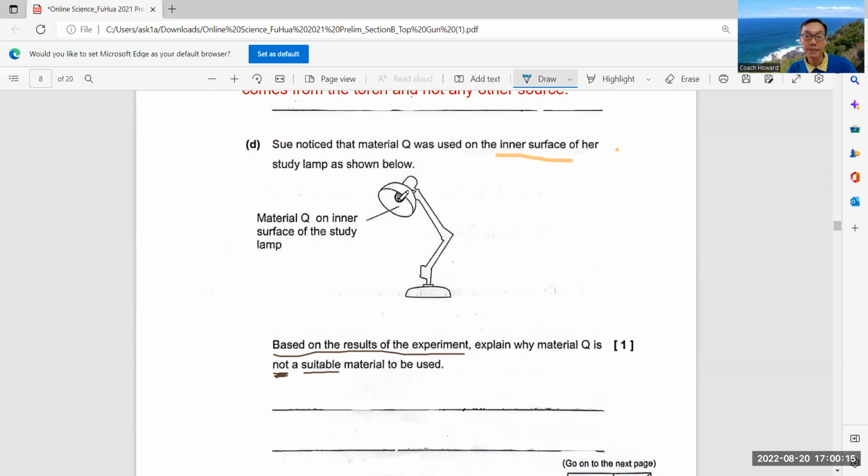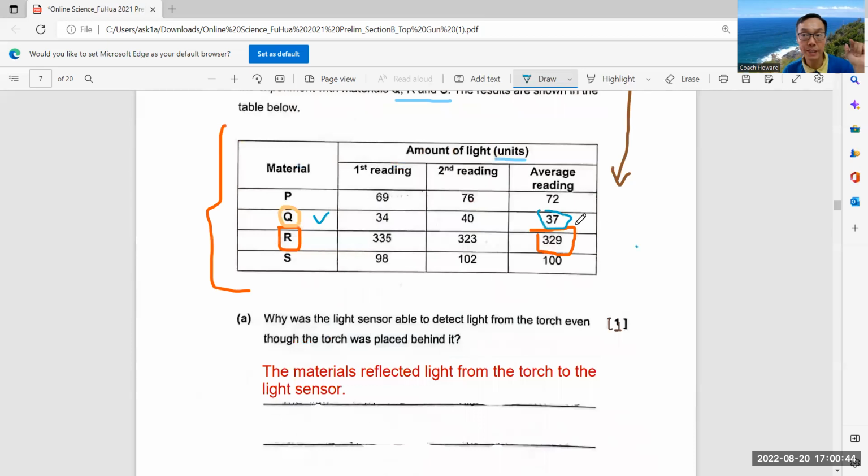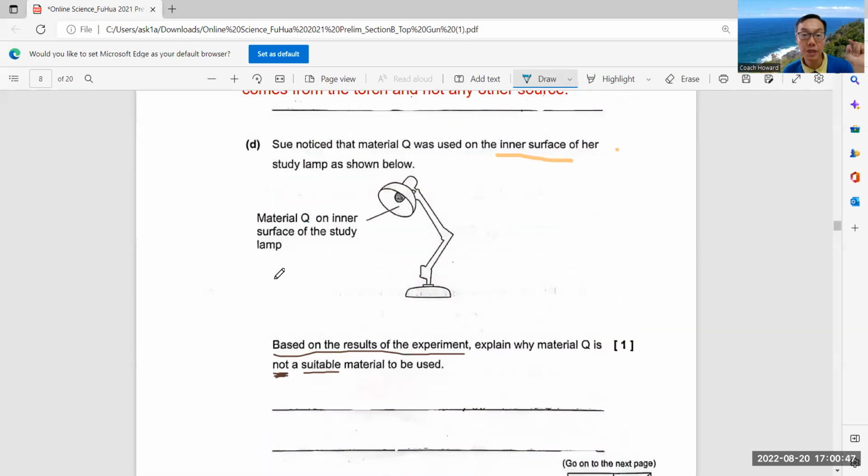Notice this part. If you observe even the lights in your classroom or in your house, there's a layer of reflective material behind the lamp or bulb. The reason is that when the bulb is switched on, the reflective material reflects more light in that direction. In this example, Q is the lowest reflective, so that's why it's not suitable, because when she studies she wants to be able to see clearly, so she should use the highest one.